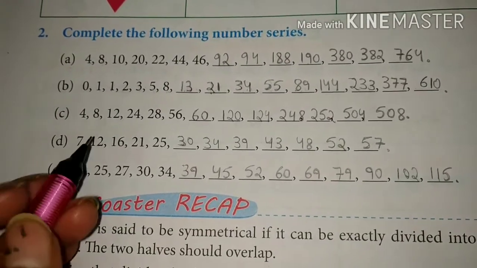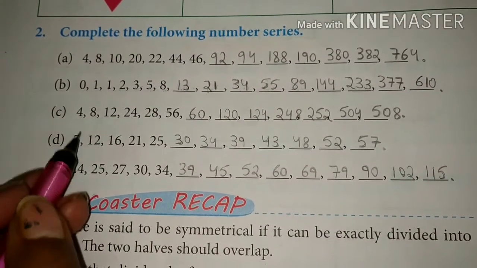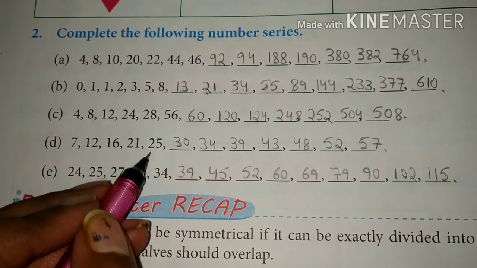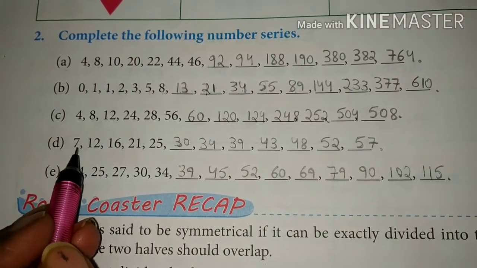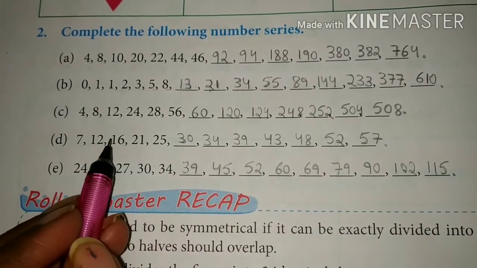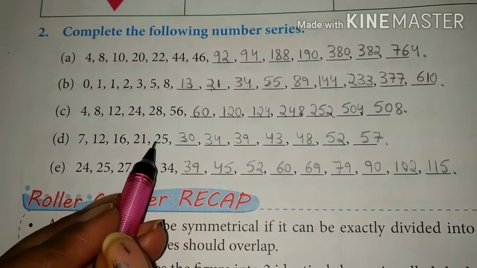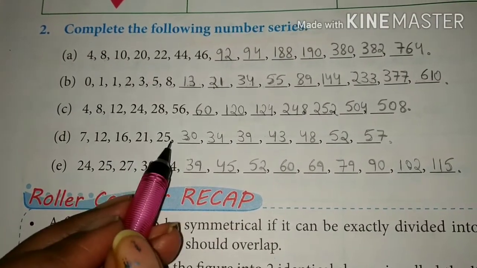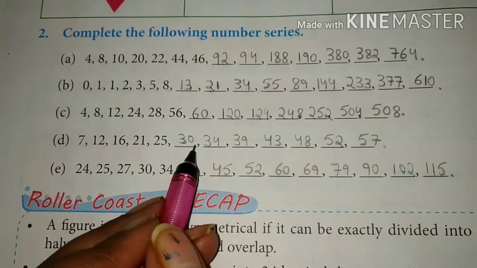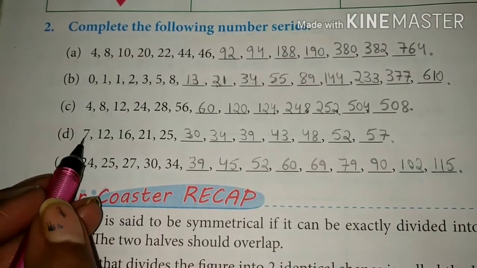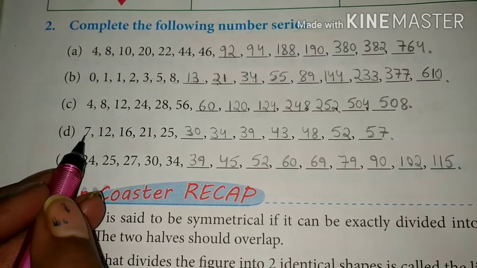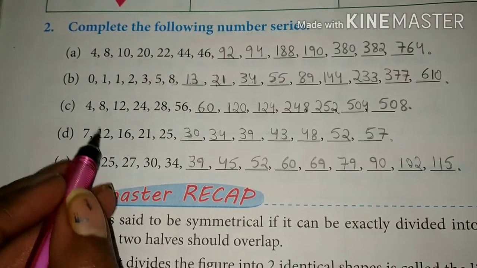Students, now come to D part. Question is 7, 12, 16, 21, 25. Students, in this question, we have to understand the pattern which these numbers are following so that we can fill the other blanks. So, the difference between 7 and 12 is 5.